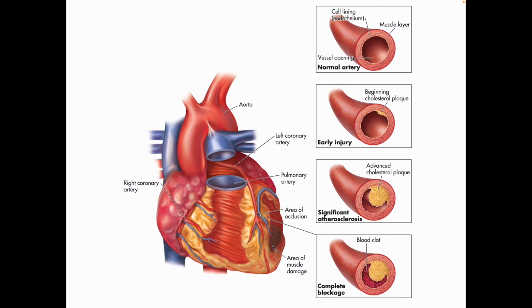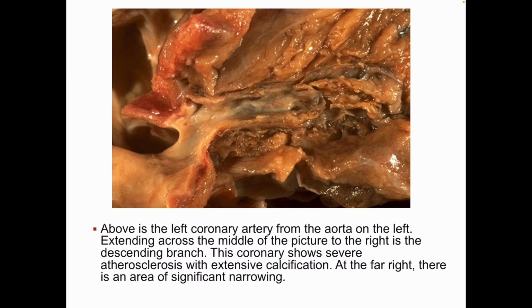That plaque gradually grows in size to form a significantly sized plaque, which vastly decreases the size of the lumen. And then at some point that plaque may rupture, causing a blood clot, and that causes complete blockage of that artery, completely cutting off the blood supply to whatever organ.